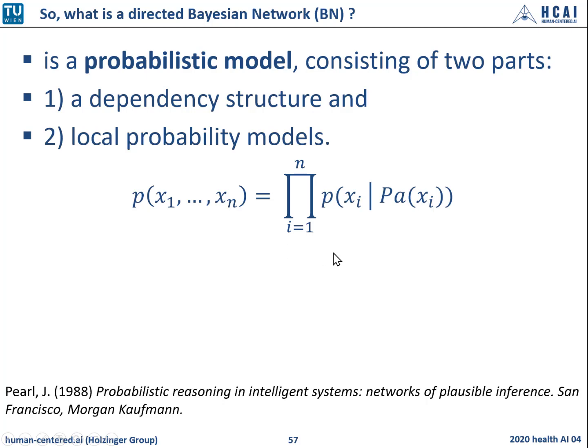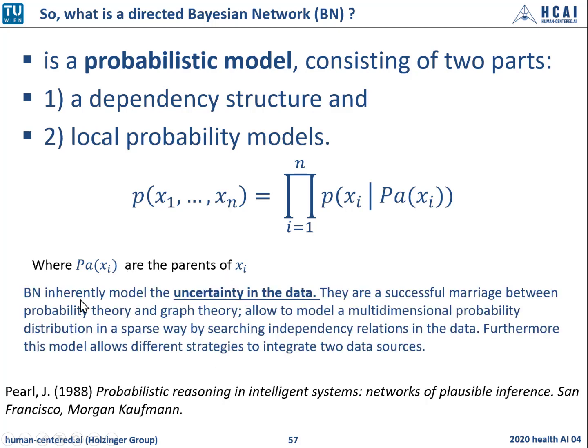And this can be expressed through a fully connected directed graph and expressed by this equation, where Pa of xi are the parents of xi, and the Bayesian network inherently models the uncertainty in the data. So they are really a successful marriage between probability theory and graph theory.